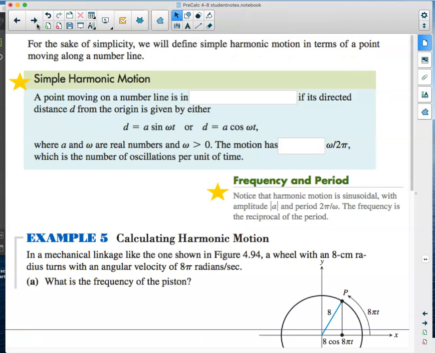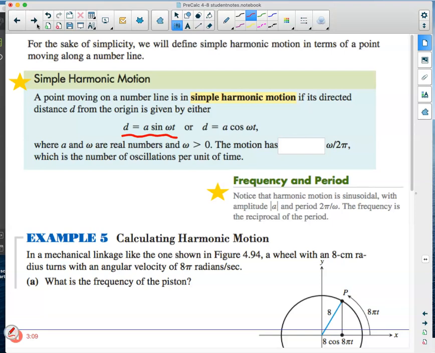So for the sake of simplicity, we will define simple harmonic motion in terms of a point moving along a number line. A point moving on a number line is in simple harmonic motion if its directed distance d from the origin is given by either d equals a sine omega t or d equals a cosine omega t.